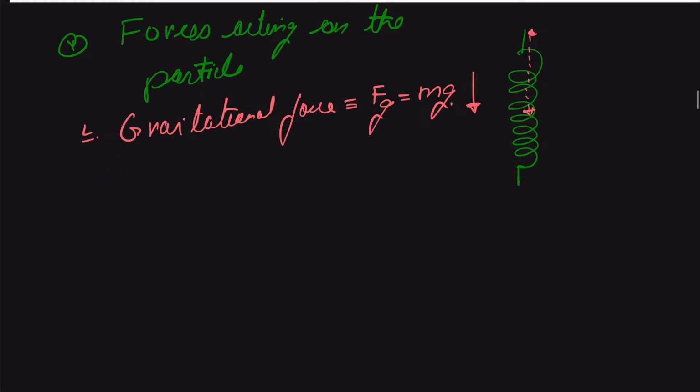And second one will be our magnetic force, and let us call this Fb, and that Fb is equal to q times v cross B. And here B is the magnetic field, and in case of a solenoid, this is directed along the axis of the solenoid.